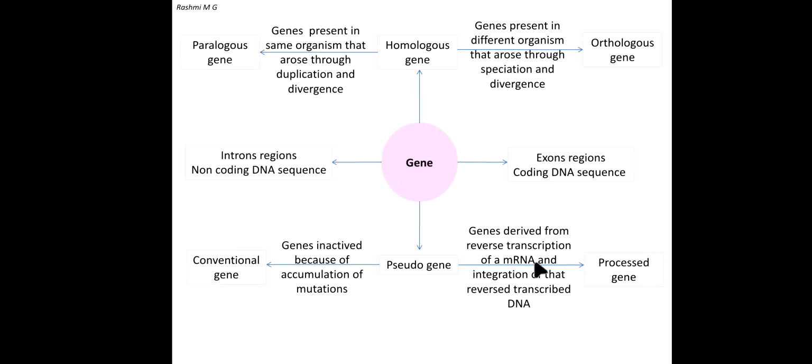We know the central dogma, that DNA is transcribed to mRNA and translated to protein, but here mRNA is reverse transcribed to form genes. Integration of that reverse transcribed DNA gives processed genes.